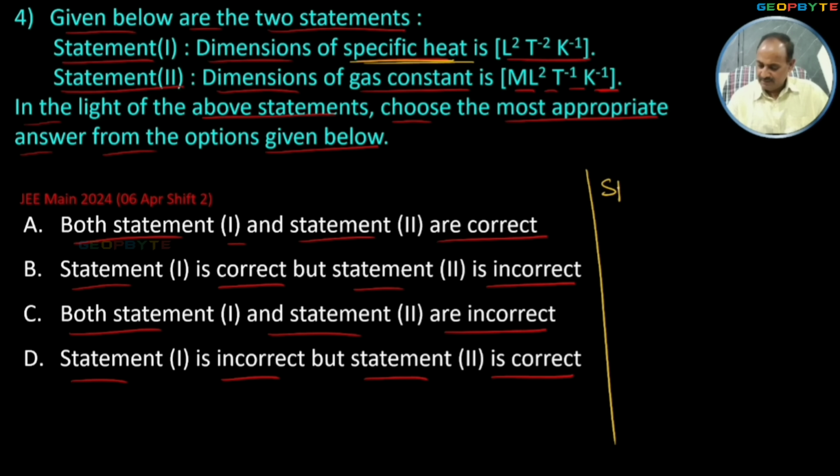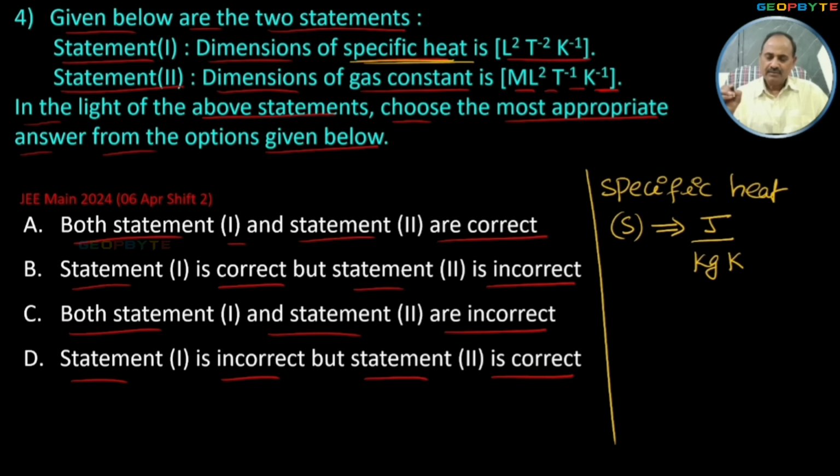Now look at the specific heat first. You know, the unit of specific heat is joules per kg Kelvin. Joule is the unit of energy. Therefore, the specific heat dimensional formula equal to energy dimensional formula, that is M L square T power minus 2, dividing by kg Kelvin.